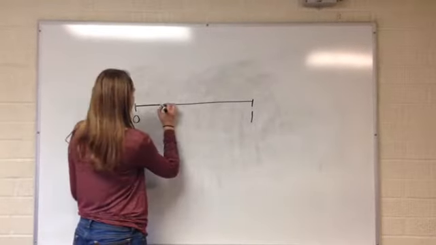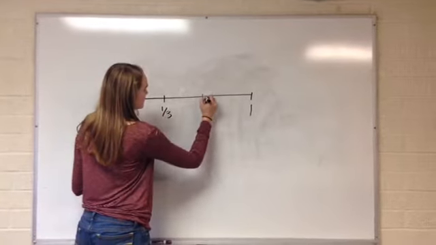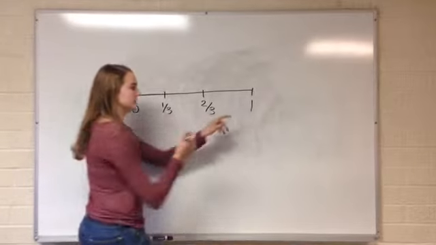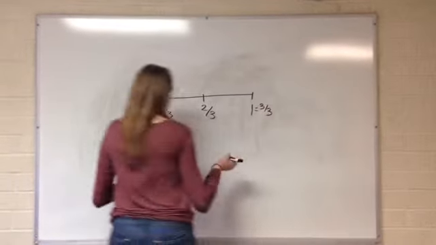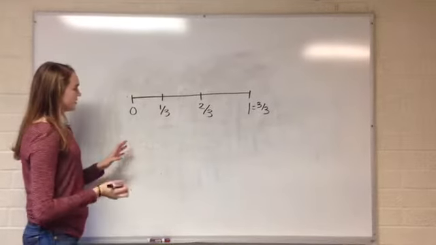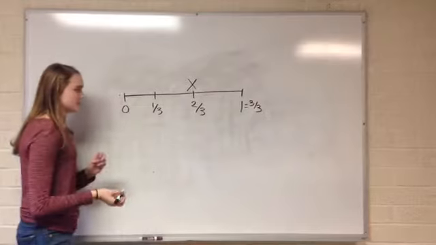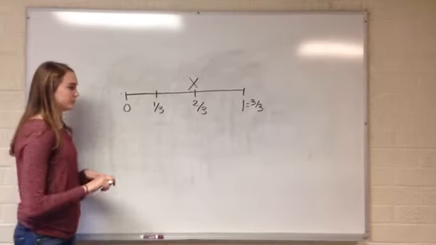So this will be 1/3, 2/3, and then 1 is equal to 3/3. So 2/3 is right here on the number line, and we're trying to show that 2/3 has an equivalent fraction of 4/6.